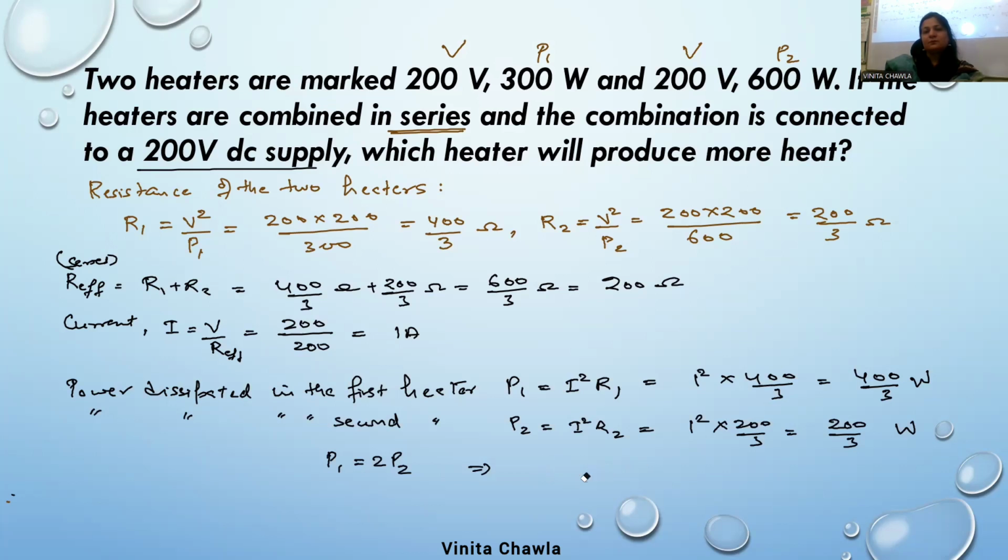So P2 smaller आ गया P1 से. Power dissipated है ना, ये question में क्या है? Which will produce more heat.